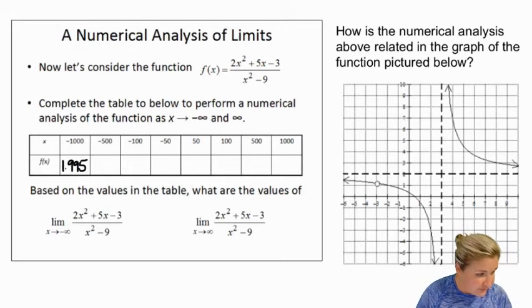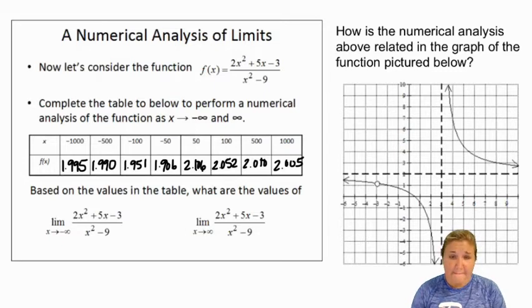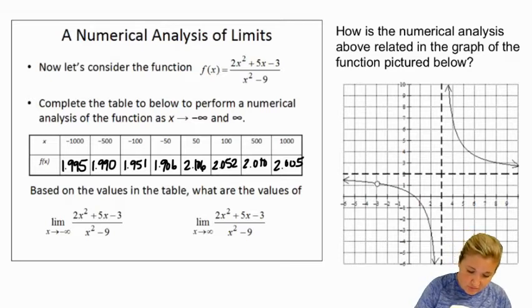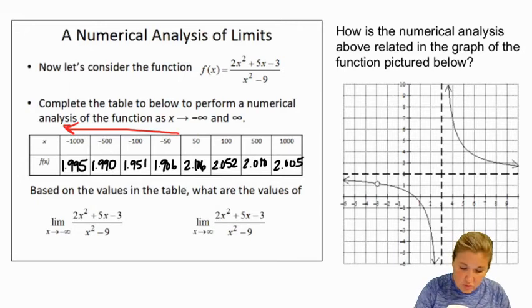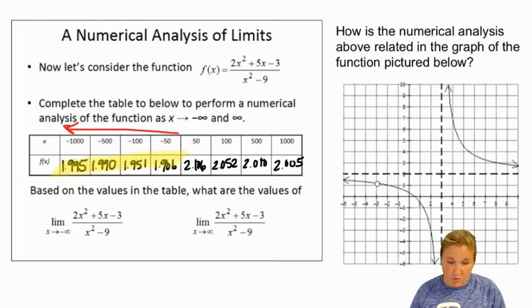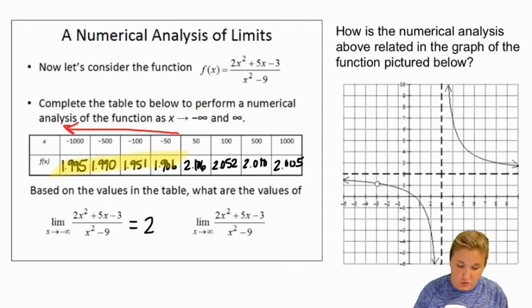I'm going to go through and fill this table out for you. Based on this table, the limit as x approaches negative infinity: as these numbers get bigger and bigger, what do you notice about these values? Well, they're getting closer and closer to a certain number, obviously never touching that number, which would be 2.